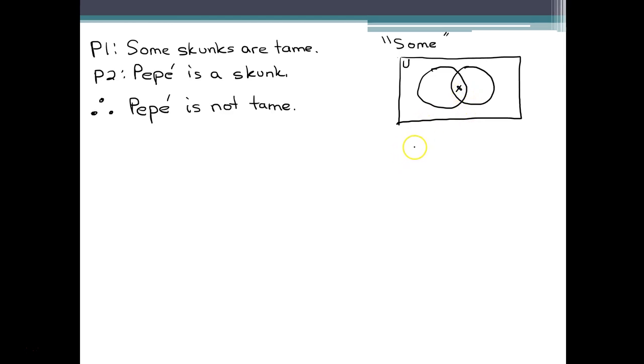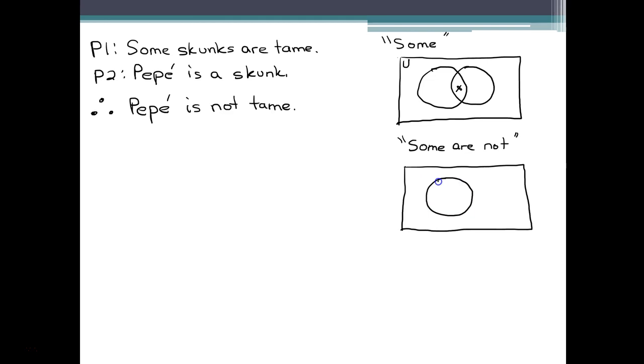If you're dealing with some or not, there's an overlap still, but then you're dealing with something that's outside of that. So that's generally how the somes are set up.